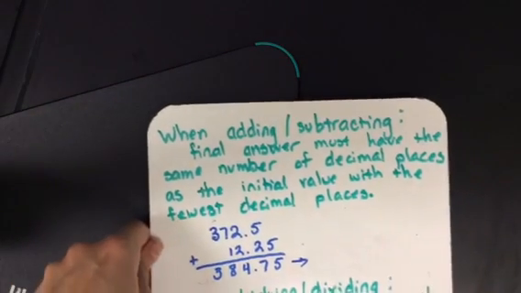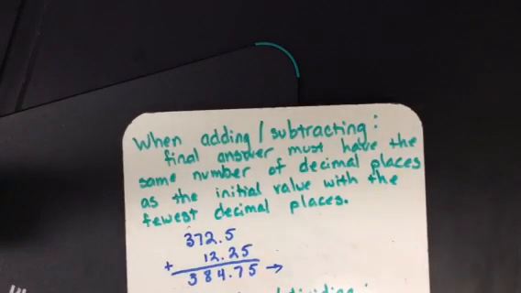So when you are adding or subtracting numbers, notice that here you have 372.5, and I don't have a unit here, but for now that's okay. And we are adding 12.25. Now, both of these have 4 significant figures.